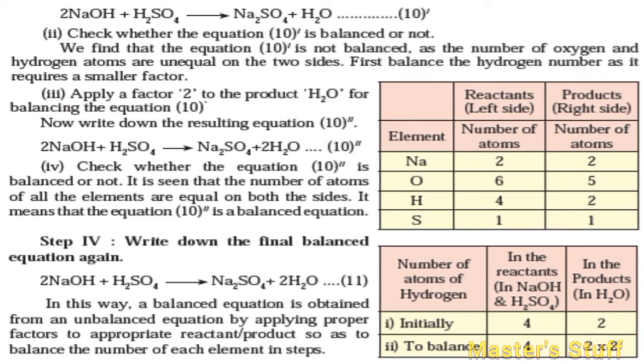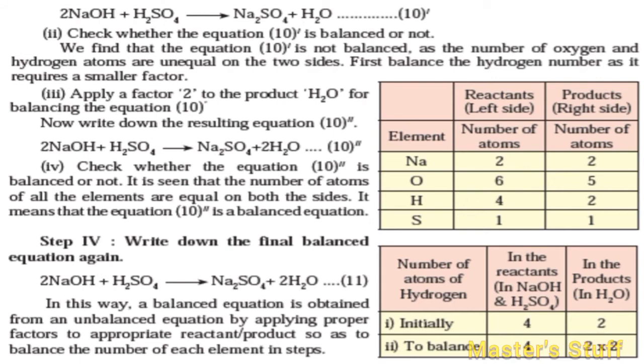Now, let's take step 4. Write down the final balanced equation again. That is 2NaOH plus H2SO4 gives Na2SO4 plus 2H2O.